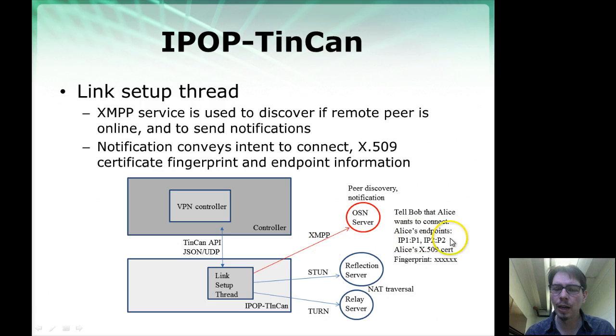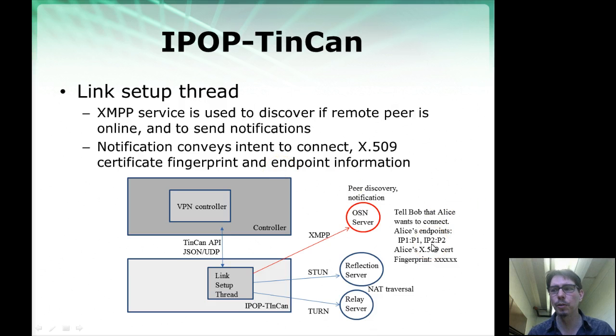And it will also tell Bob what are all the endpoints that Bob should try to use to connect to Alice in the physical network. These are pairs of IP, ports and protocols that Bob will be attempting to use to create a P2P tunnel. This also carries a fingerprint of the X509 certificate, the public certificate of Alice.